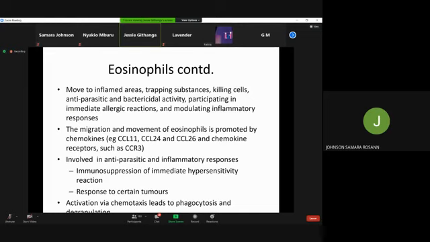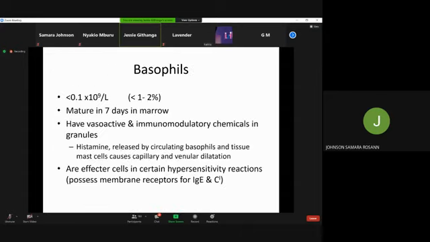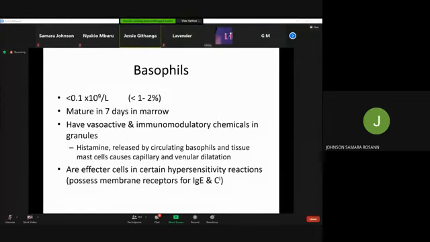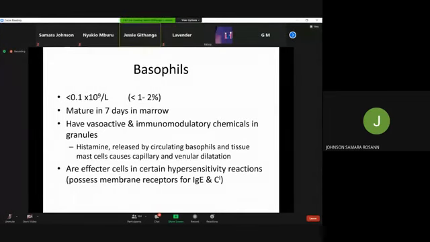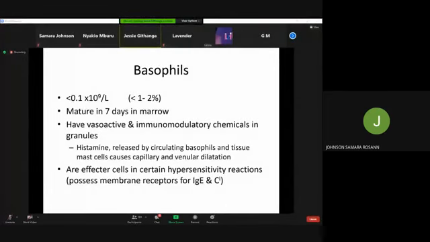Then the basophils. These tend to be few, usually less than 1% when we talk of the relative numbers. So for a long time, very little has been known about basophils, but more and more light has now come.